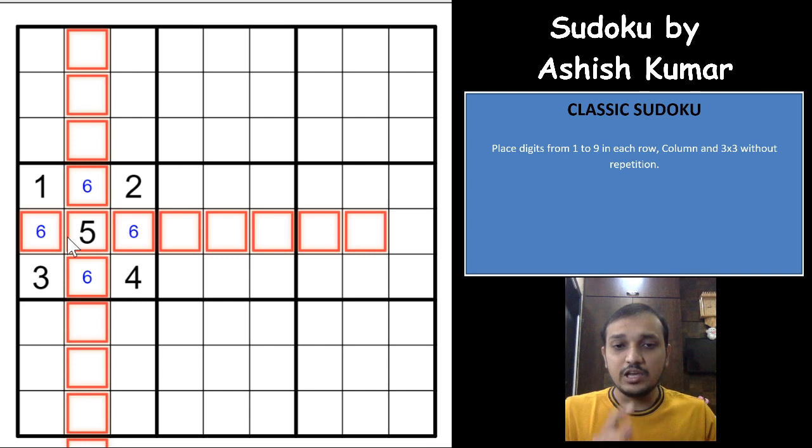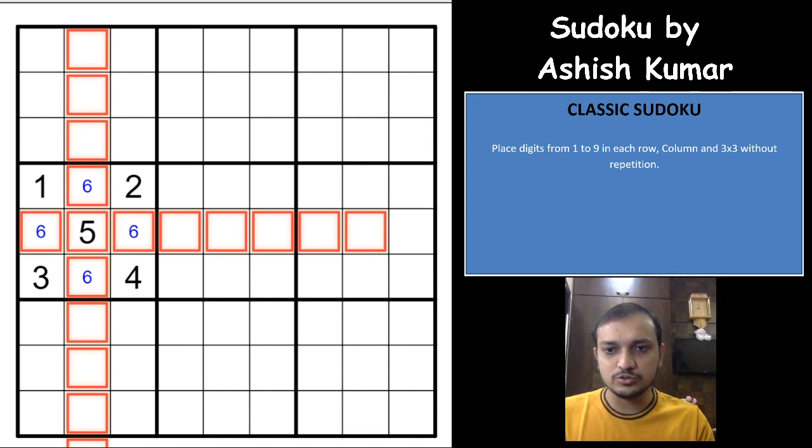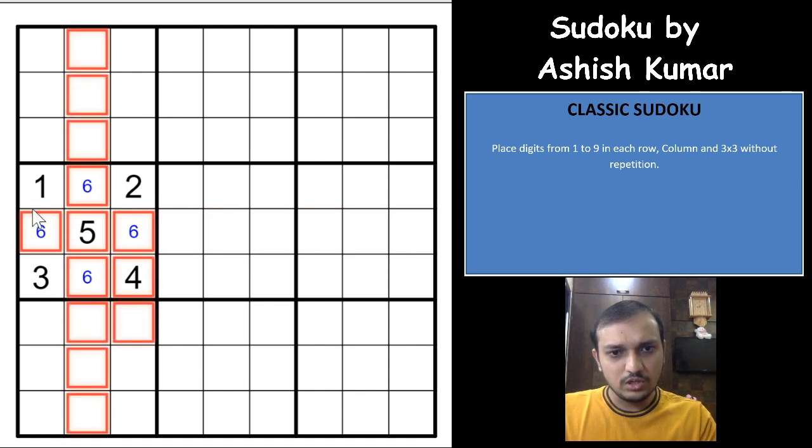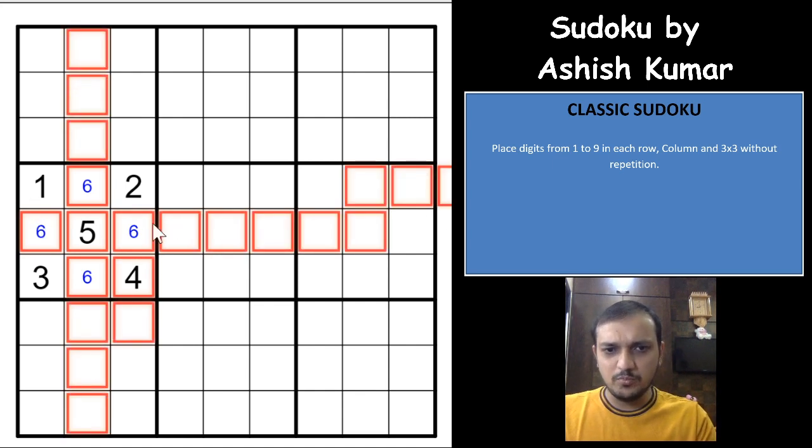In a box, if you have the possibility of a particular candidate in exactly one row and one column, then the empty rectangle technique can be used. In this scenario, you have a possibility of a 6 in column 2 and in row 5 in box 5, right?